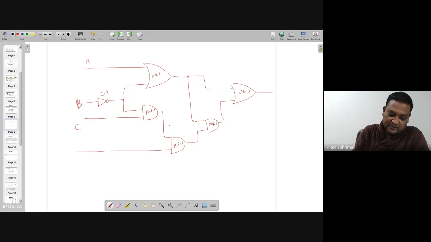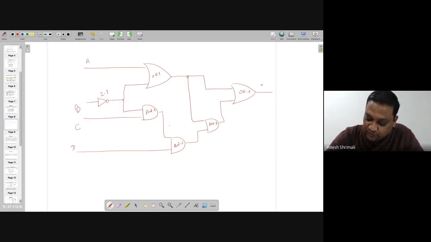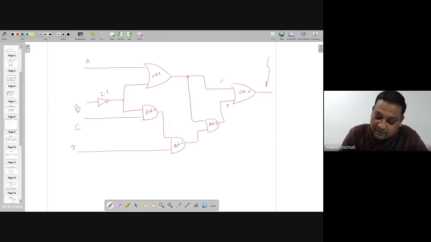So the following things are given, right? Now look, the output is governed by the OR gate, right? So OR2 is governed by two things. One is this one and one is this one. Now, if any one of the inputs is 1, then you land up with 1, no problem. Meaning if this is 1, you don't care what is coming here.